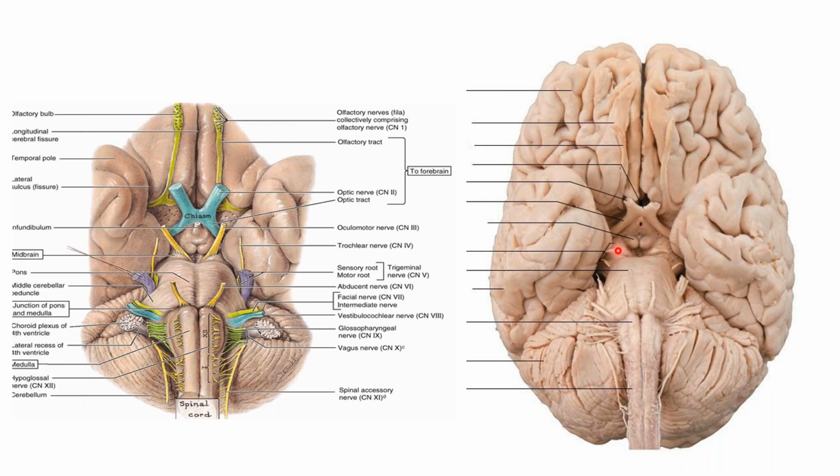It will be anterior to the crus cerebri, coming from the posterior to the anterior aspect. This is the only cranial nerve which emerges from the posterior or the dorsal aspect of the brainstem and then comes ventrally. And between the pons and the medulla, in this pontomedullary junction, the nerve which arises is the sixth cranial nerve. The rest of the cranial nerves will be dealt with in subsequent lectures.